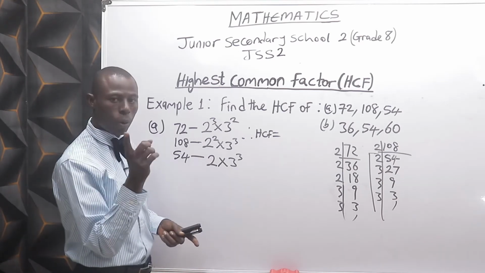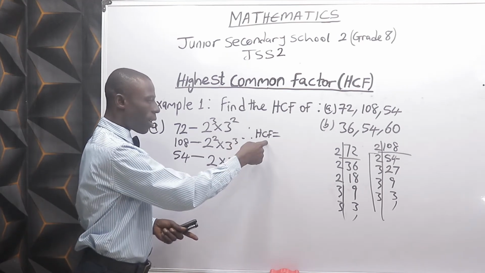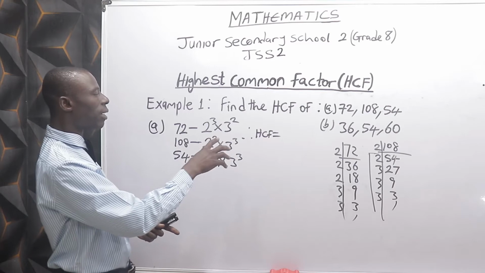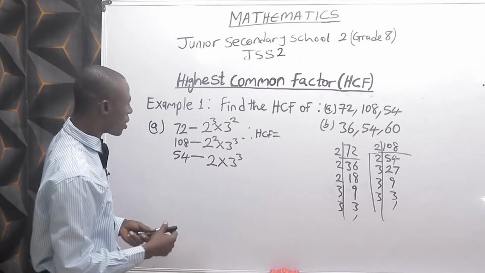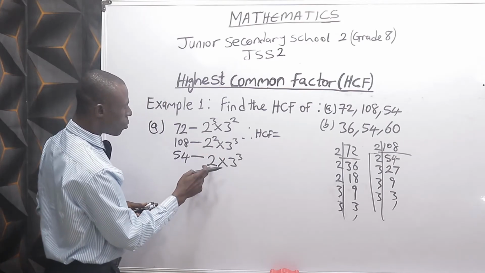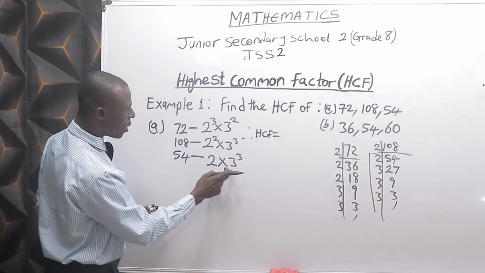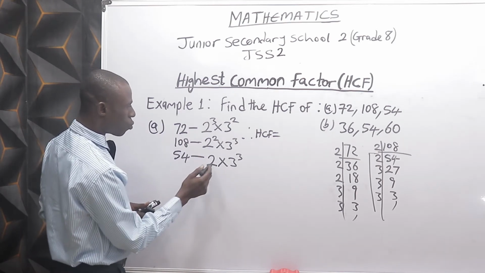You know, lowest is the opposite of highest. Highest common factor, so you take the common factors in their lowest power. And what is the lowest power? What factor is common to them? 2 is a factor that is common. 3 is a factor that is common. But you take 2 in its lowest power. That is 2 raised to power 1.